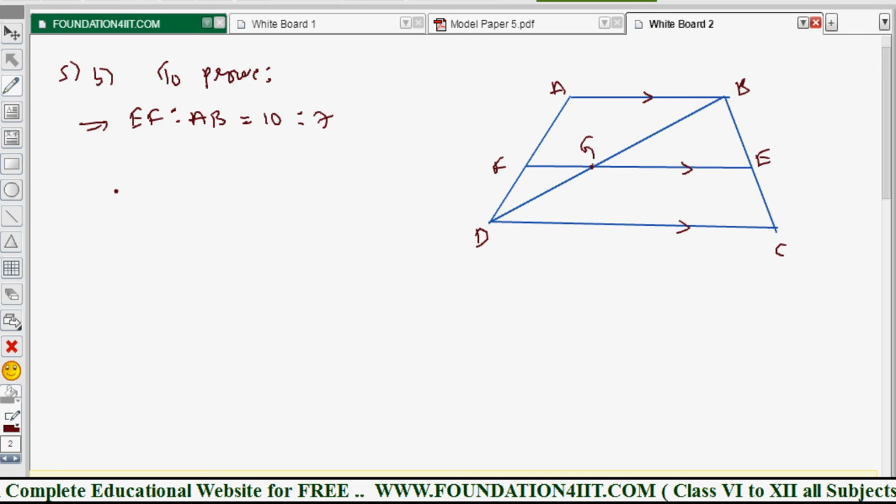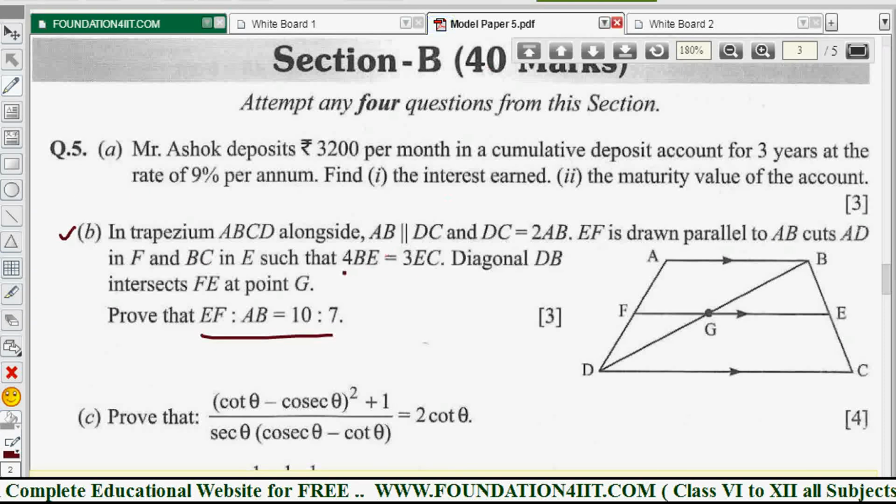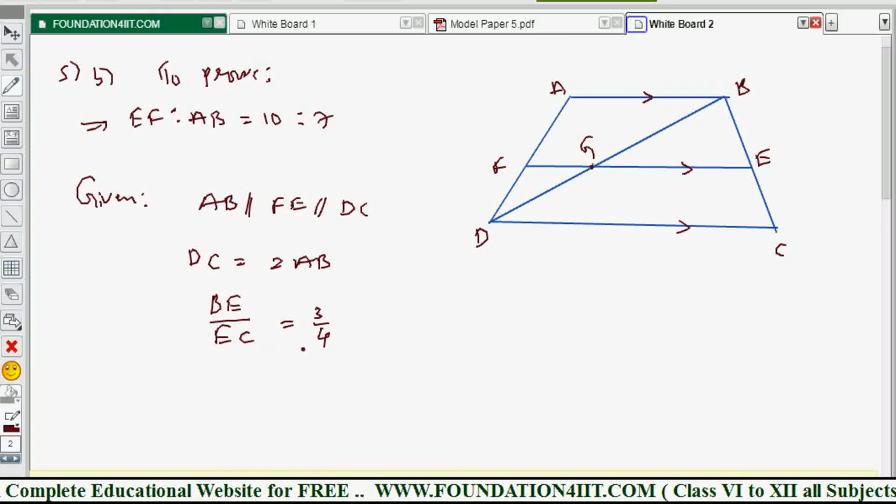Let us take the given first, then we can prove the values. According to the given data, AB is parallel to FE is parallel to DC, and DC is equal to 2 times AB. Also given, 4 times BE is equal to 3 times EC, that means BE by EC is equal to 3/4.